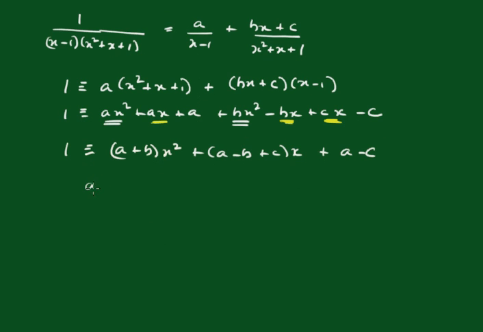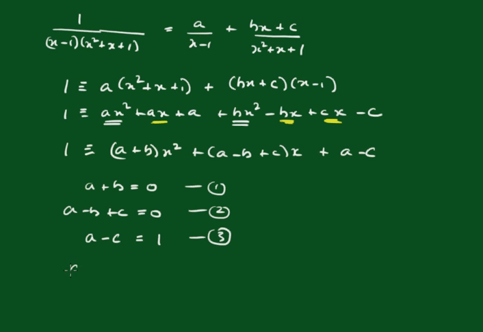So a plus b equals 0, equation 1. a minus b plus c equals 0, equation 2. And a minus c is equal to 1, equation 3. So we have that a is equal to c plus 1.